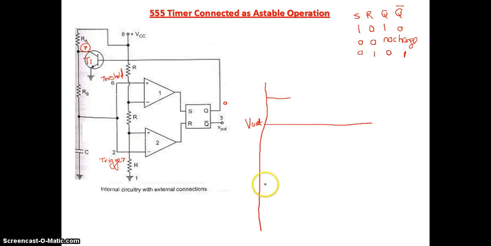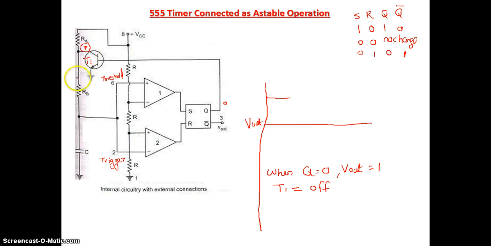To explain the working, when Q is equal to 0, that indicates that V out is equal to 1. So what about transistor T1? Transistor T1 will be off. This transistor is an NPN transistor, 0 comes, it will be off.